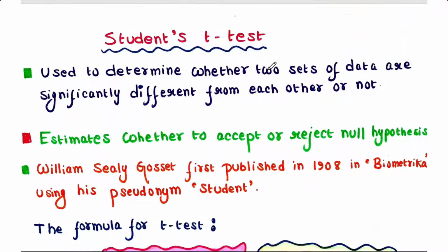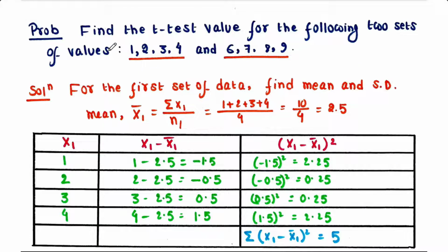So before defining students t-test, we will see an example first. Suppose we have two data sets. One is this, which contains values such as 1, 2, 3 and 4, and the other data set is this, which contains values such as 6, 7, 8 and 9.